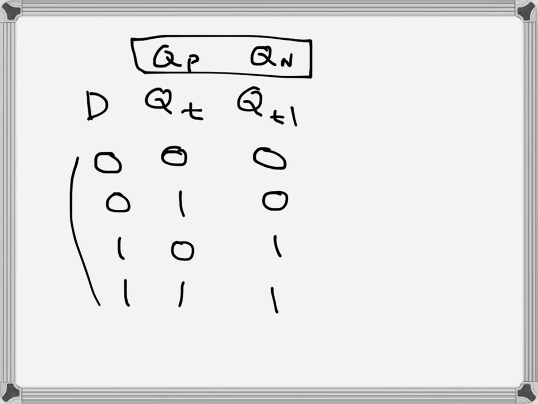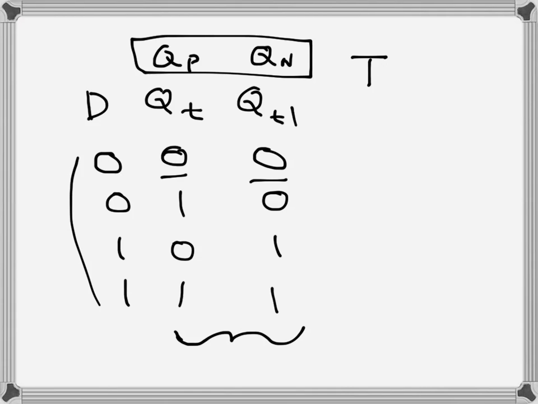Now for the T input, we will look at the present state and next state, and we will say what the T inputs will be which give that next state for a present state. So present state 0, next state 0 for the first one.